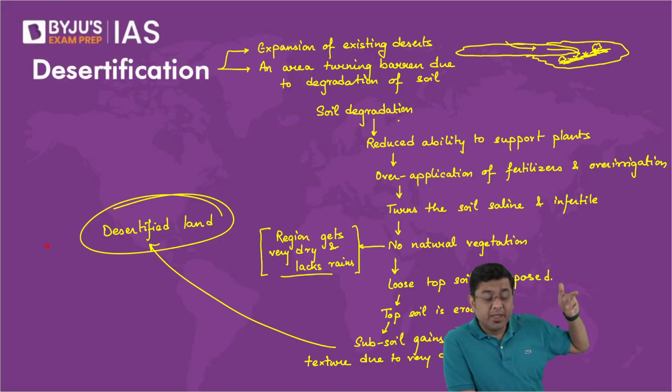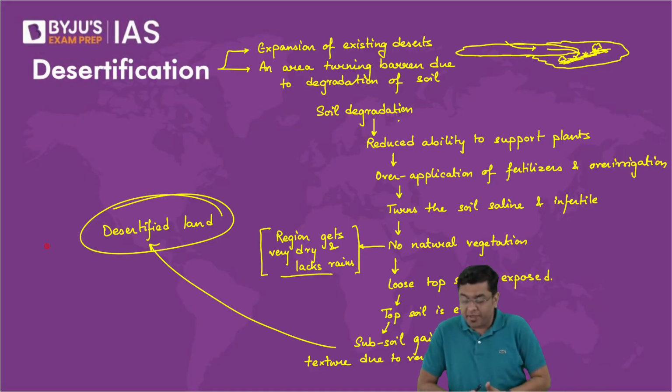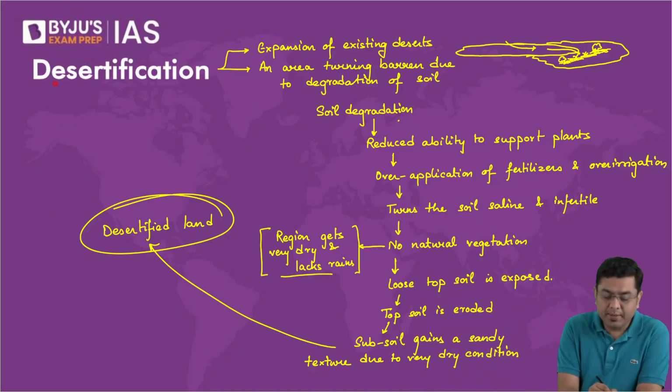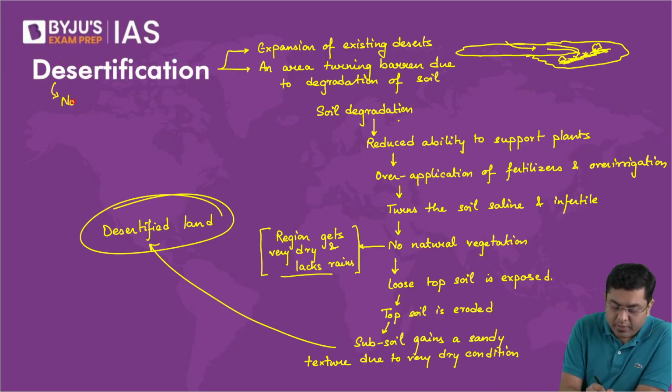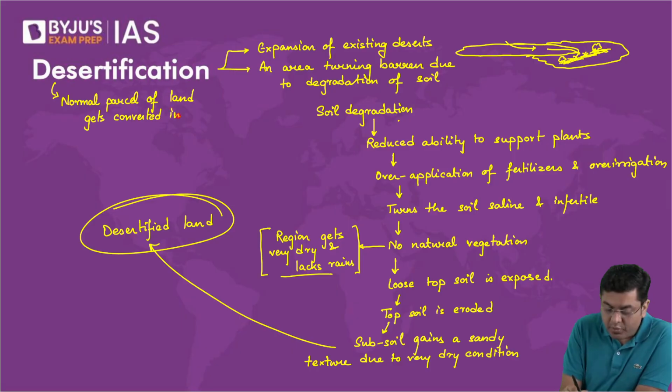That is desertification: a normal parcel of land gets converted into a desert. Now, this happens because of these two reasons. These are your reasons.